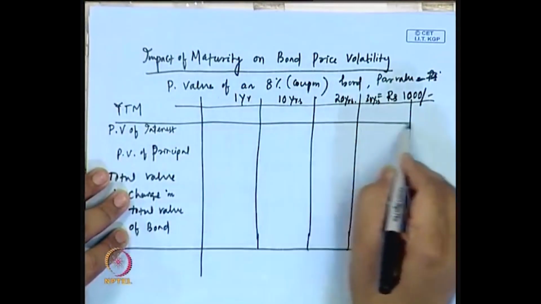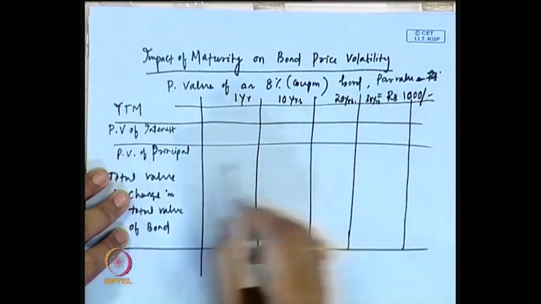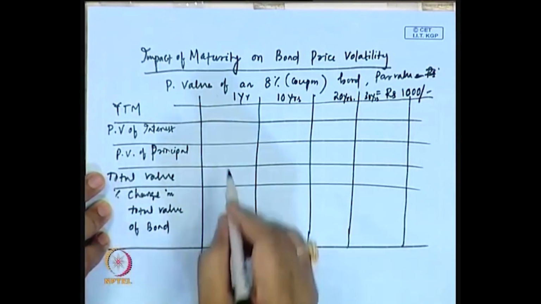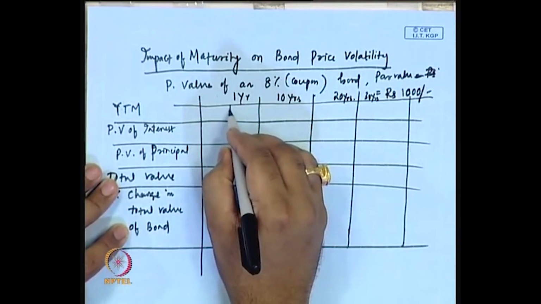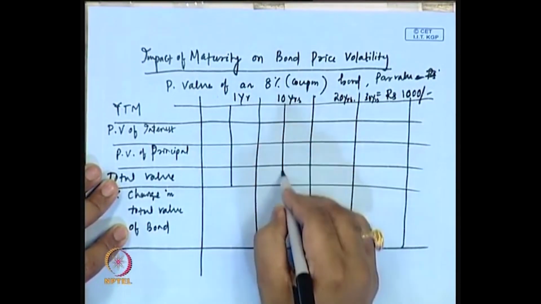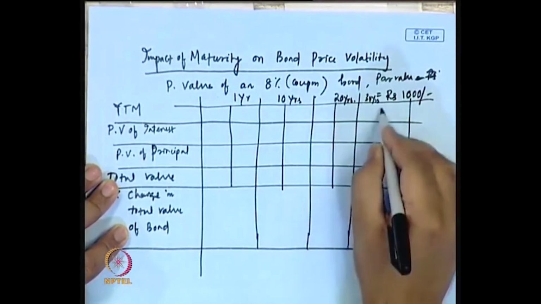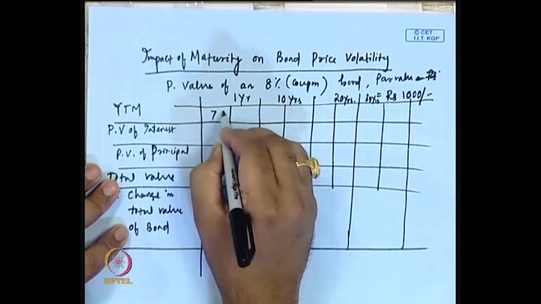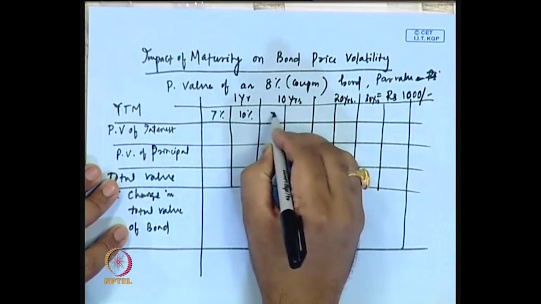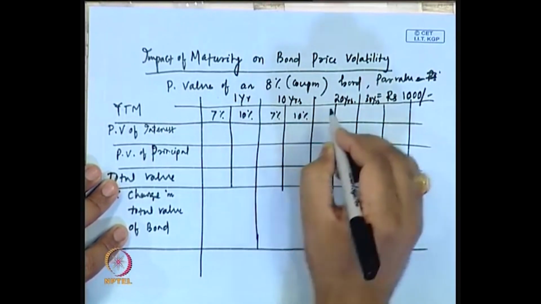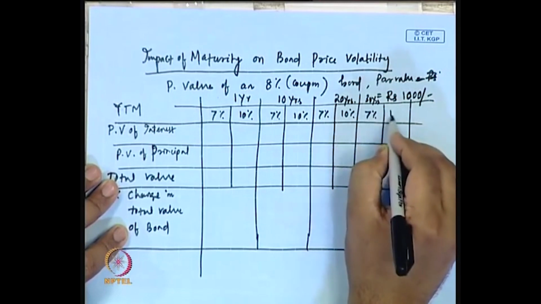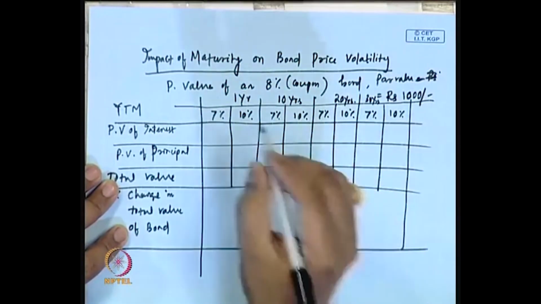If you see the yield to maturity, in each case we can take two different yields to maturity. Let the yield to maturity be 7%, then 10%, 7%, 10%, 7%, 10%, 7% and 10%.